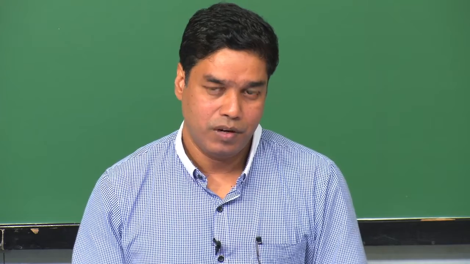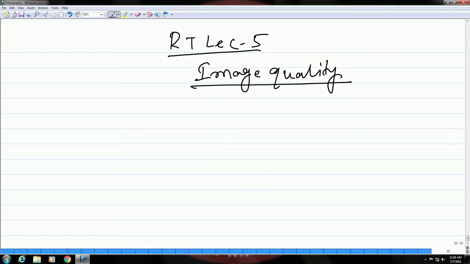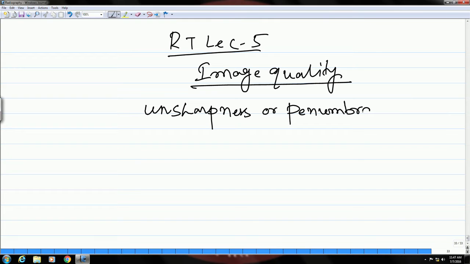Okay. The quality of the image will not be at its best. So, this inability of the instrument or the X-ray radiation to reproduce the best quality image is what is called unsharpness, which is sometimes also called penumbra.